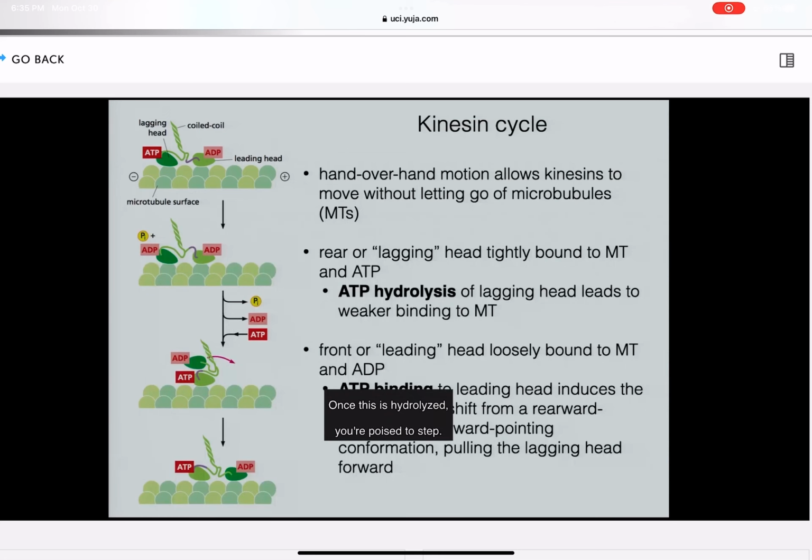ADP is bound on the leading head. Once this is hydrolyzed, you're poised to step. ATP addition to the leading head causes a conformational change that essentially flips the lagging head in front. And then that is the first step. Then this is hydrolyzed, ADP is exchanged for ATP, and you make another step. Okay?